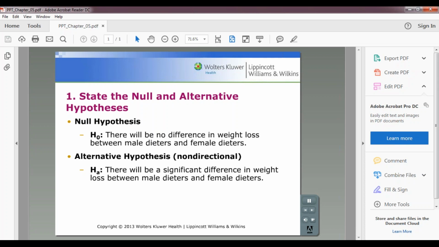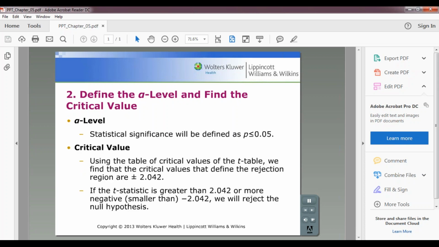It's important to understand the difference. So we're just saying statistically that the differences we observe between male dieters and female dieters, whatever we observe, we are assuming that the differences did not occur by chance.